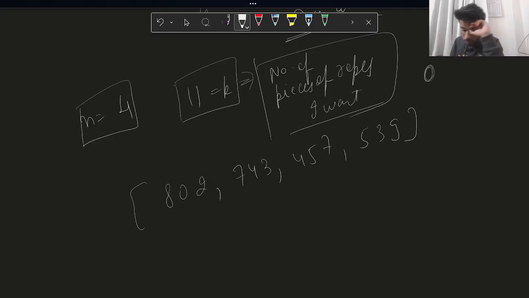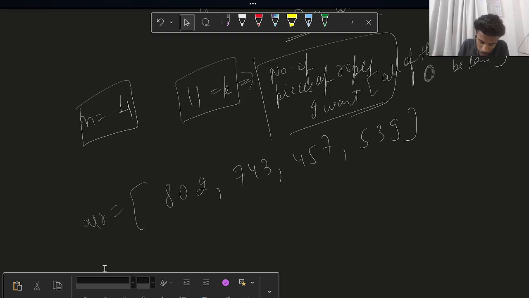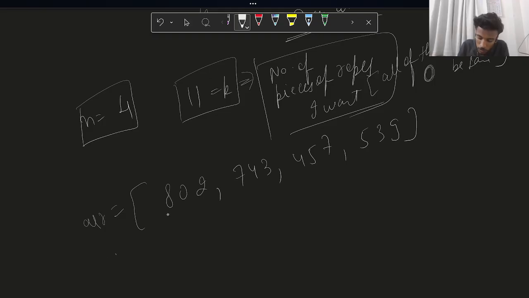Now what we need to do here is find the maximum length of piece of rope we can make, because all the pieces I want should be of the same length. Suppose I decide to make all the pieces of length one.